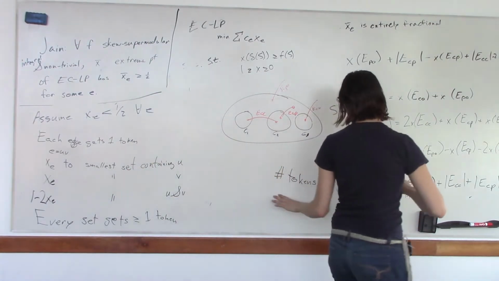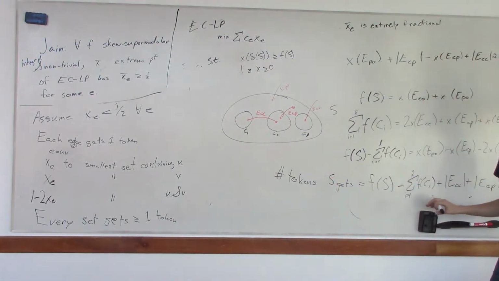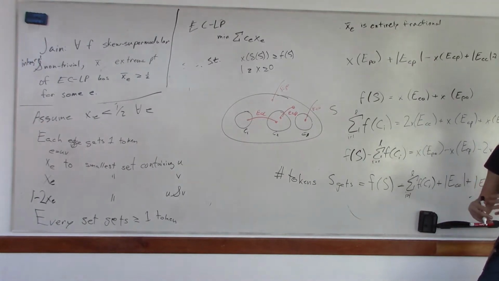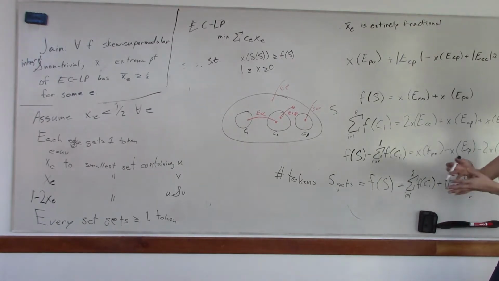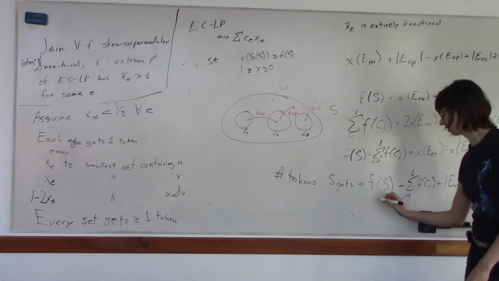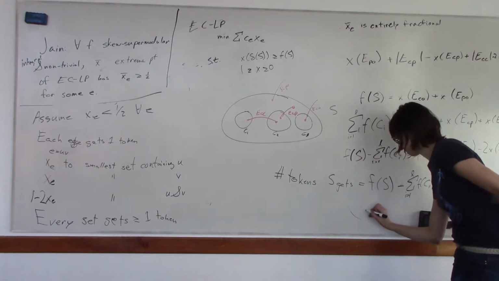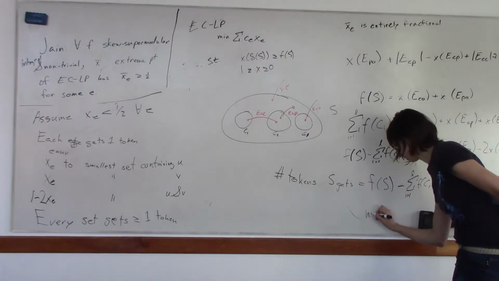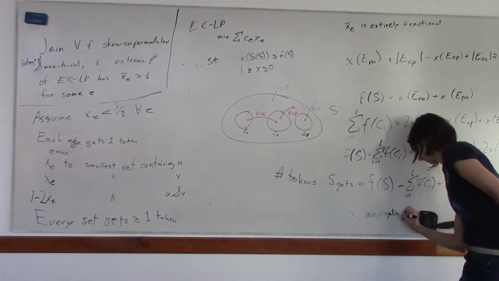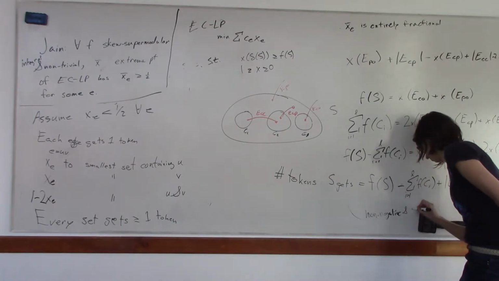So the number of tokens S gets is integral, and it could potentially be negative because of this term, but we know it can't be because you either got 0 stuff or you got positive stuff. So we know this is non-negative and integral.